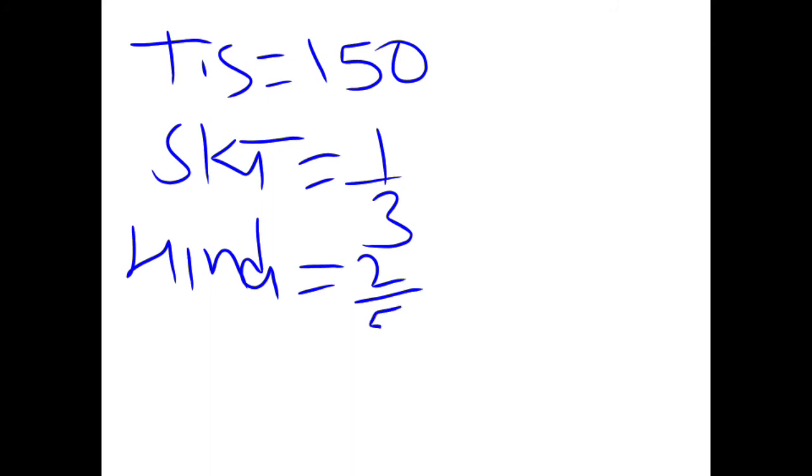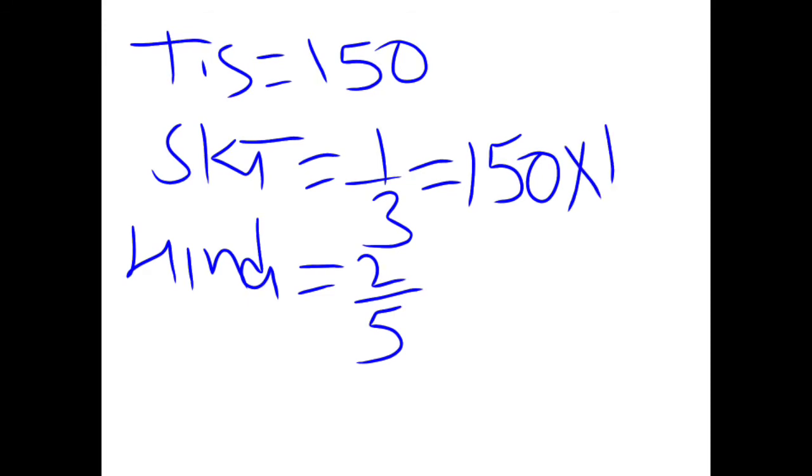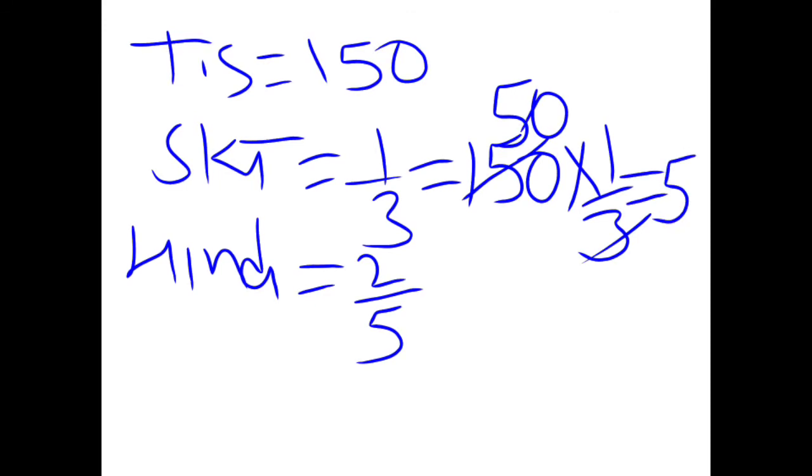So we multiply 150 by 1 upon 3: 3 1s are 3, 3 5s are 15, 50. That gives us 50 students.